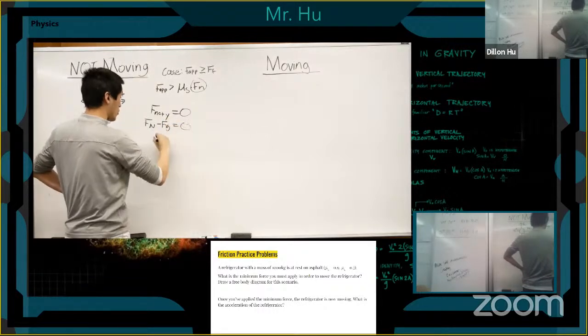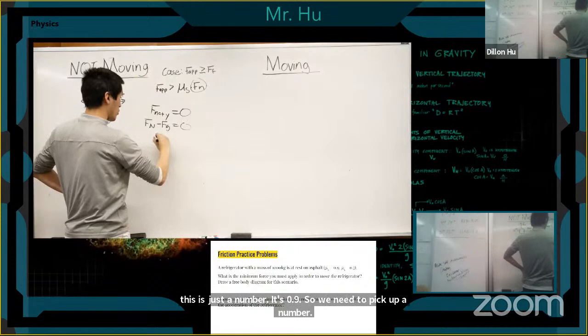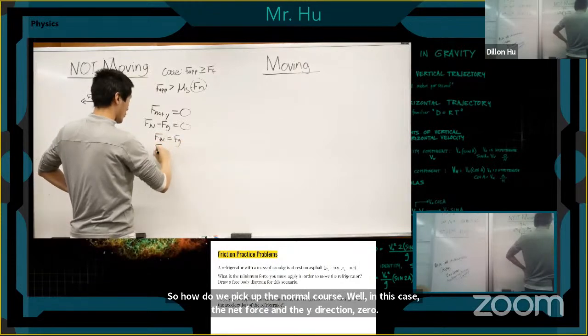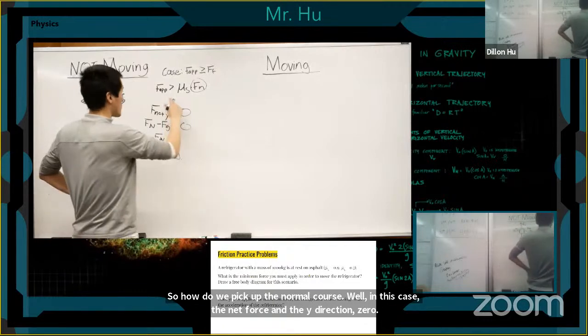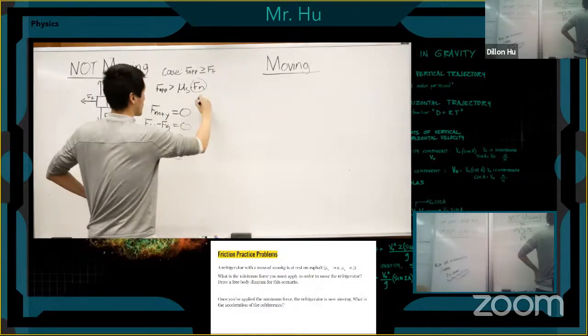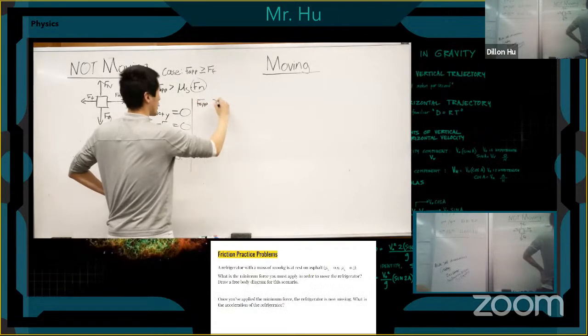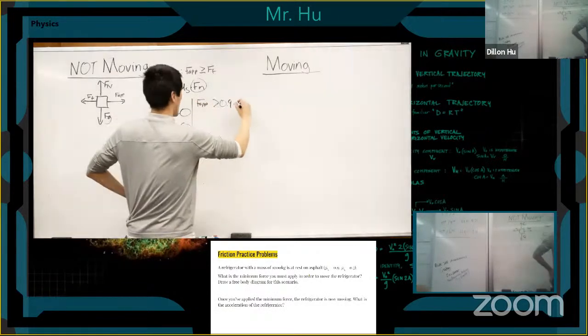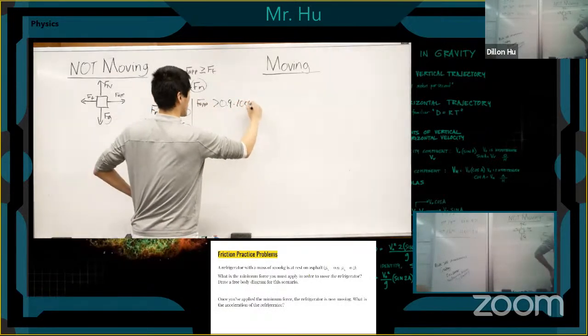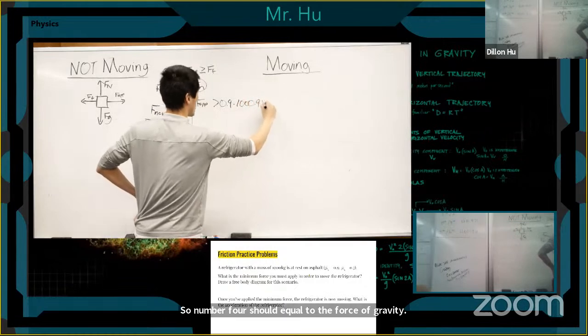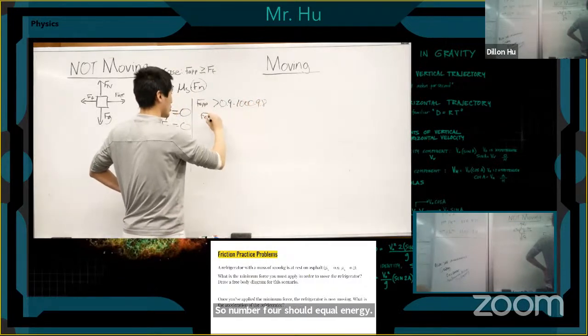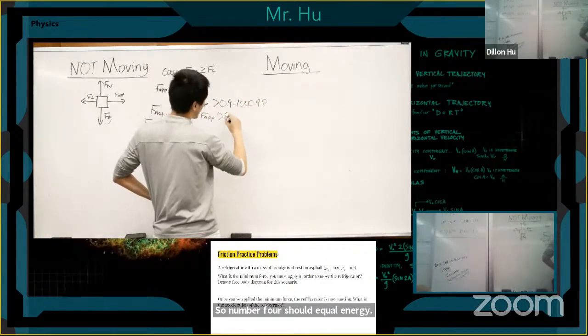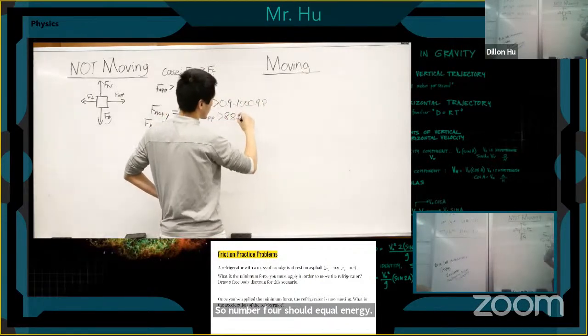So our normal force should equal the force of gravity, mg. That means our applied force should be greater than or equal to 0.9 times our mass, which is 1,000, times the acceleration of gravity, which is 9.8. So our applied force should be greater than or equal to 8,820.